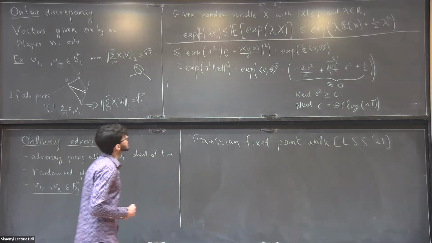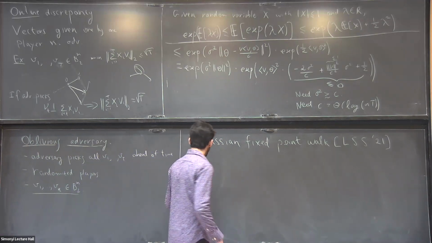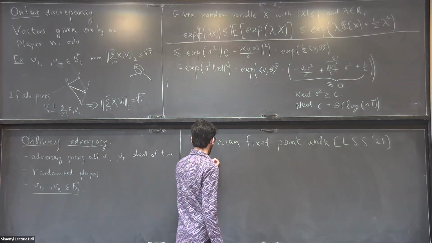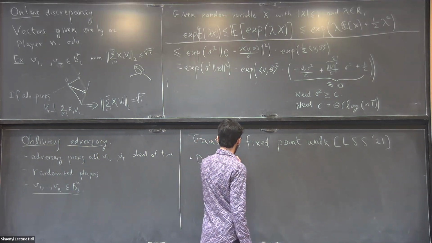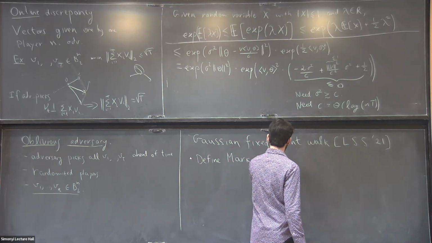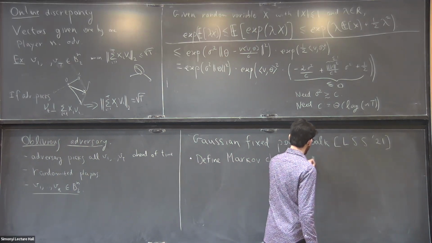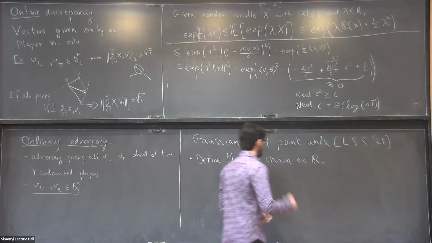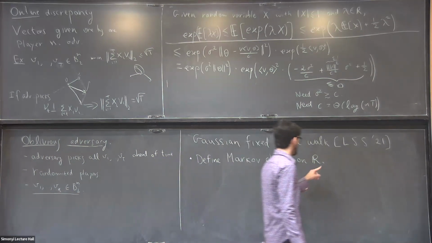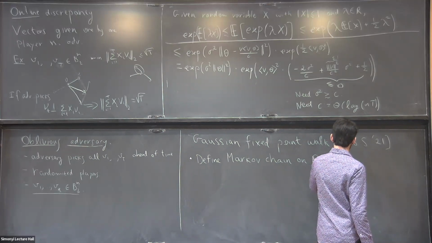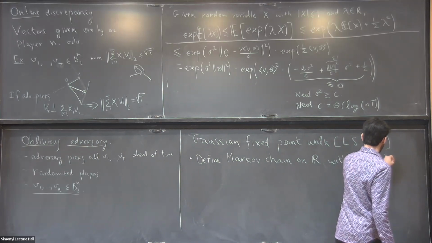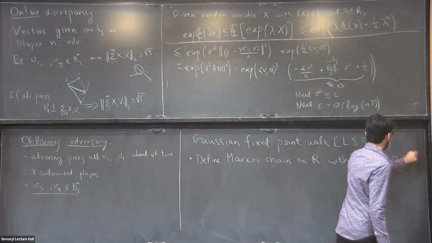So what they do is the following. They define a Markov chain on the reals with steps that are either 0 or plus minus 1.